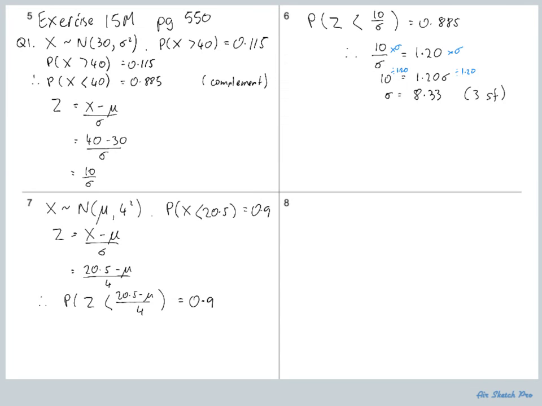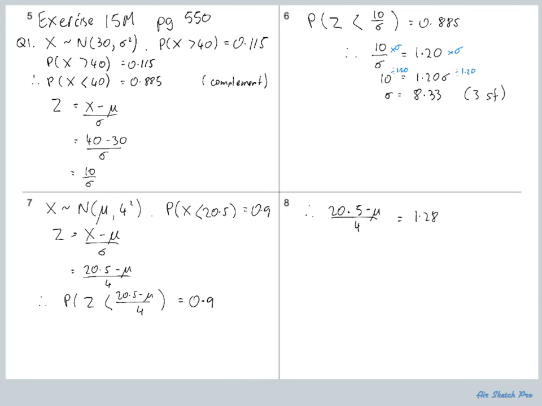Using our calculator, you can use the inverse distribution function, and put in 0.9 as the area, and that'll give you a value of 1.28, just jumping ahead there. So therefore 20.5 minus mu all over 4 is equal to 1.28.